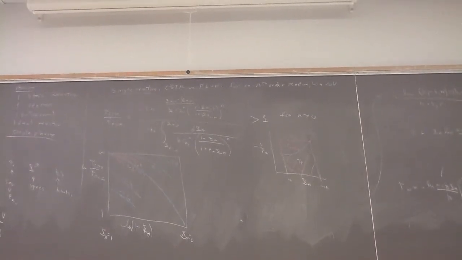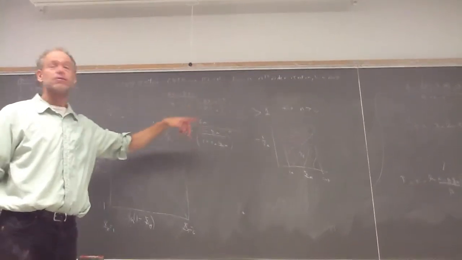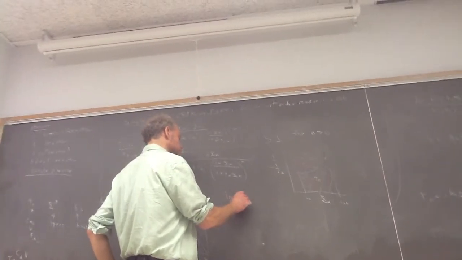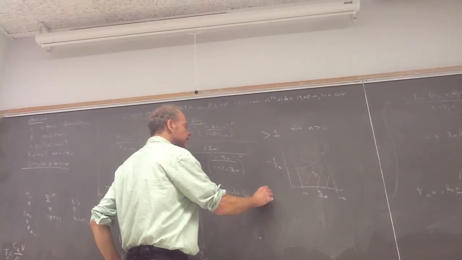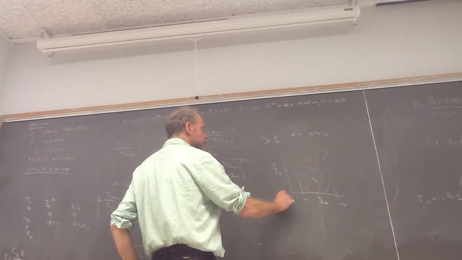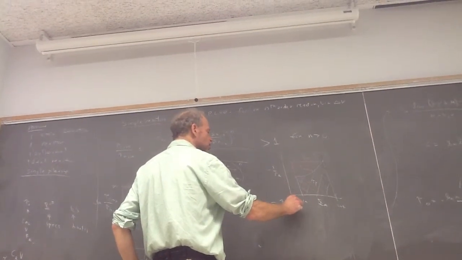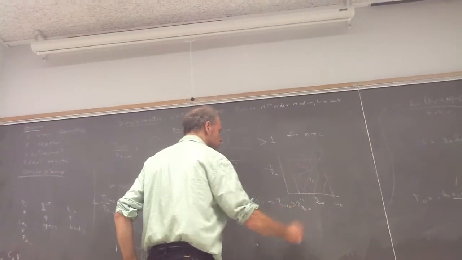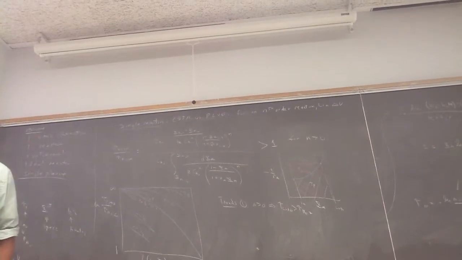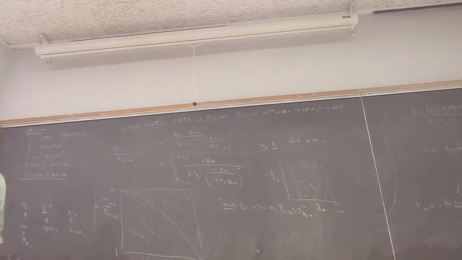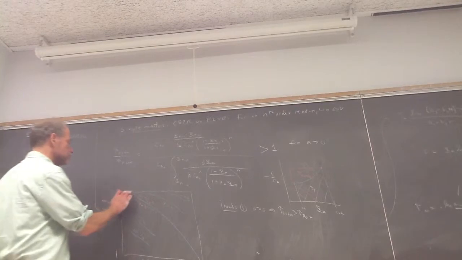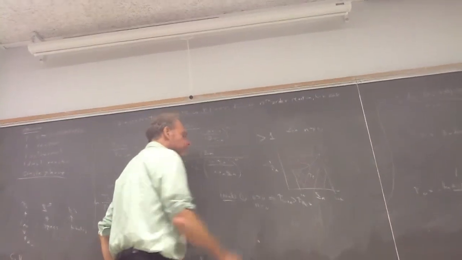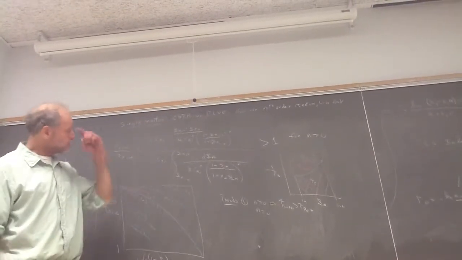The first trend, as we can see from the equation, is that if n is greater than 0, then tau CSTR is always greater than tau plug. On the other hand, what happens if n is equal to 0?